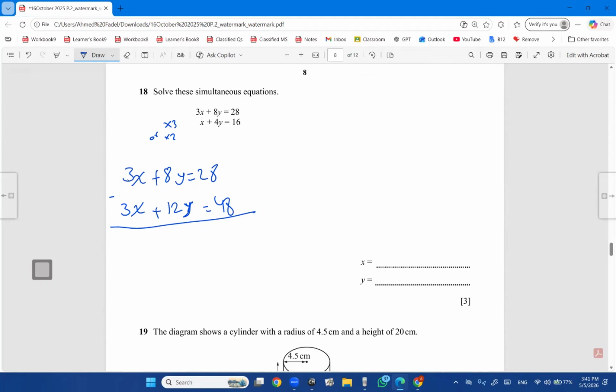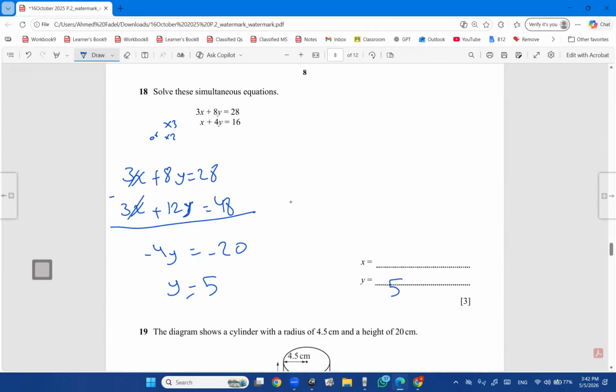If you say 3x plus 3x is going to give you 6x because they are both positive. But here, no, mister, we need to subtract them for elimination to happen. So bye-bye x. 8y minus 12y is negative 4y equals 28 minus 48 is negative 20. So y equals positive 5. Negative 20 divided by negative 4 is positive 5.